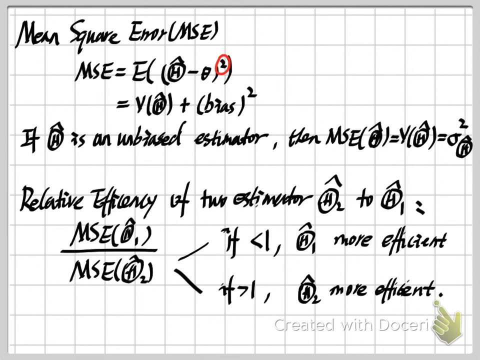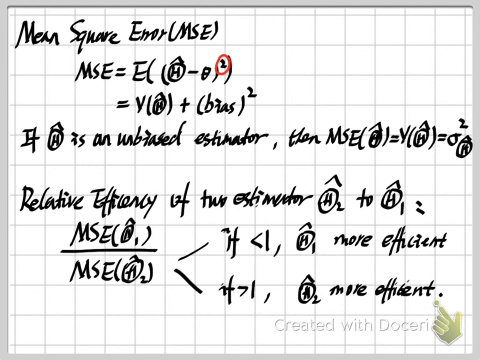This is how to compare two estimators if both of them are not unbiased and neither is the minimum variance one. Now, what is the optimal estimator? The optimal estimator is generally the estimator with the smallest MSE, the mean square error.